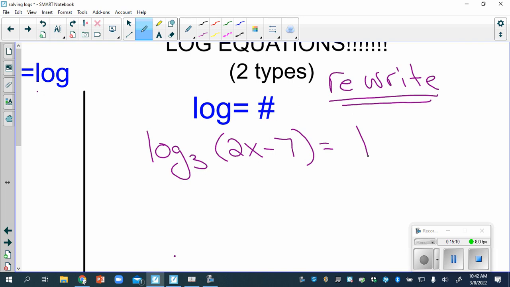Yes. Is it log equals log? No. So now I can't do the canceling thing. Now I go to the rewriting thing. And the rewriting thing is just what we did on the starter. You take the base, add the exponent, and you're good to go.